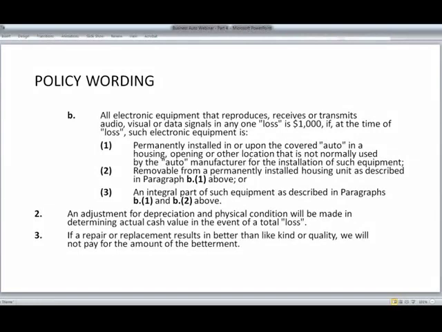Again, we do not pay for betterment. Betterment is a concern that we have in some cases. For example, if the vehicle was damaged or stolen and there were tires on that vehicle that were half used up, we do not owe the insured new tires. We owe the insured half used up tires, which you cannot buy, so the adjuster would take off of the settlement the value of the tires.